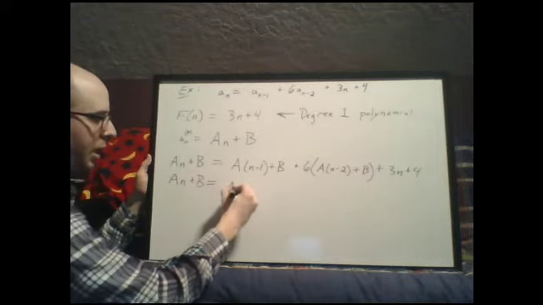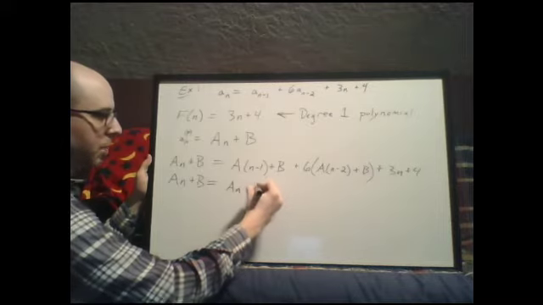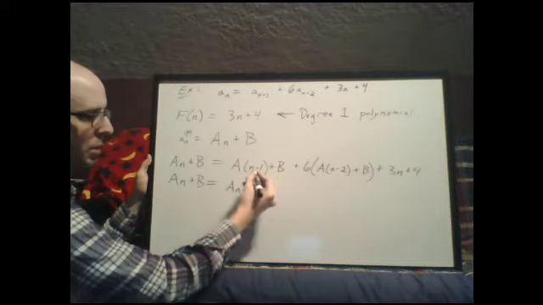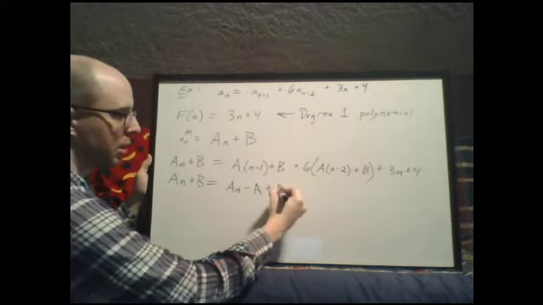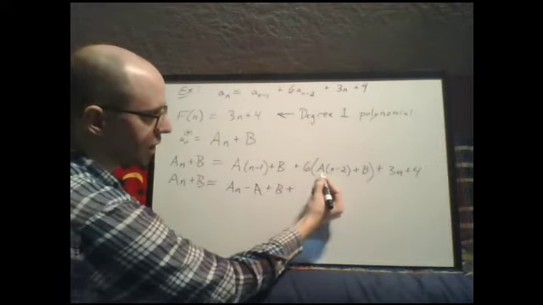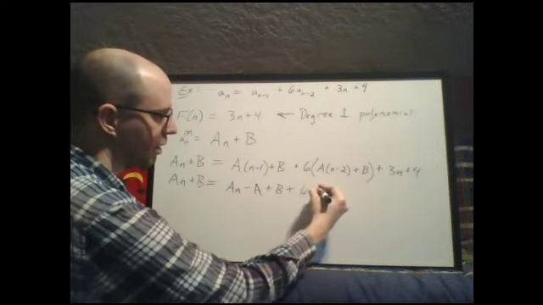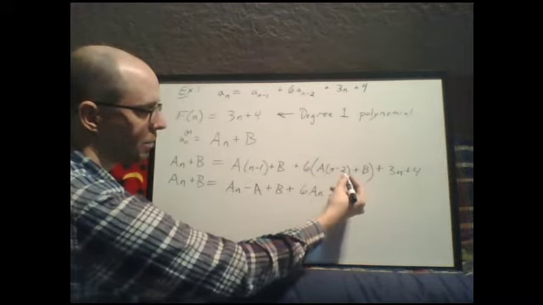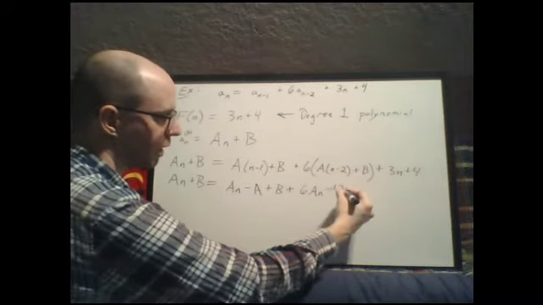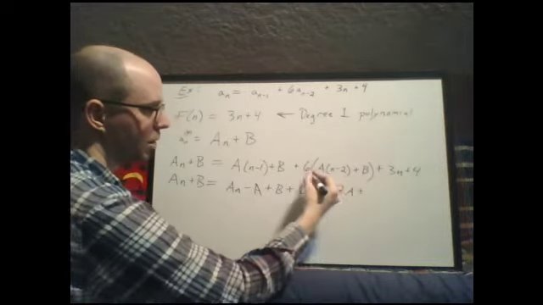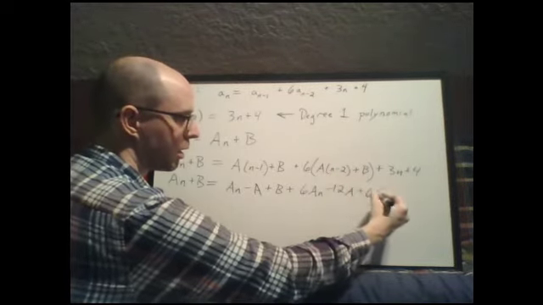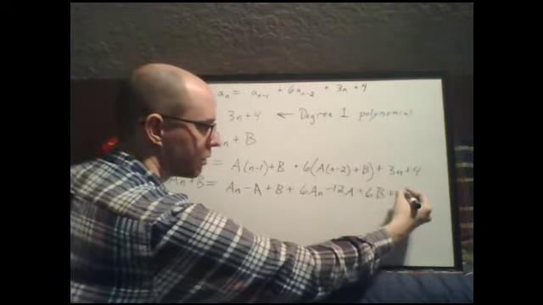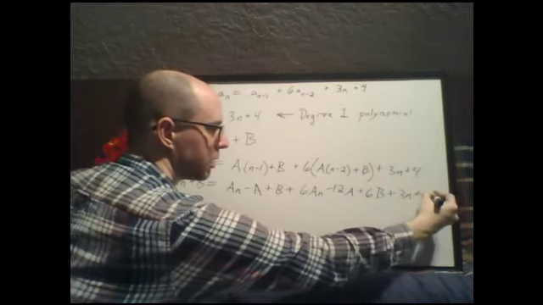We'll have An minus A, distributing the A, plus B, plus 6An, then 6A times negative 2 will be minus 12A, 6 times B, and then plus 3n plus 4.